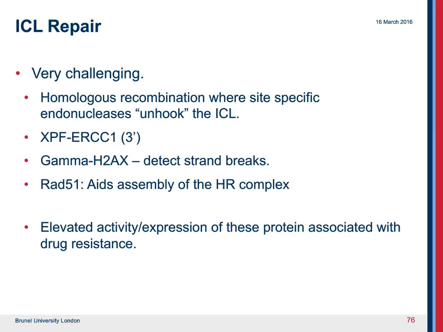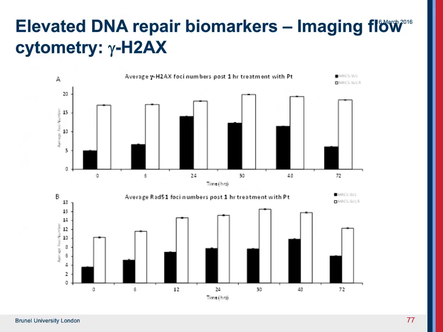So our first graph here is looking at the number of gamma H2AX foci in sensitive and drug-resistant cells after exposure to drugs like cisplatinum or a similar drug called nitrogen mustard. And essentially the white bars show the number of H2AX and Rad51 foci that we see in the drug-resistant cells over a time course after drug exposure, up to 72 hours we're looking at there.